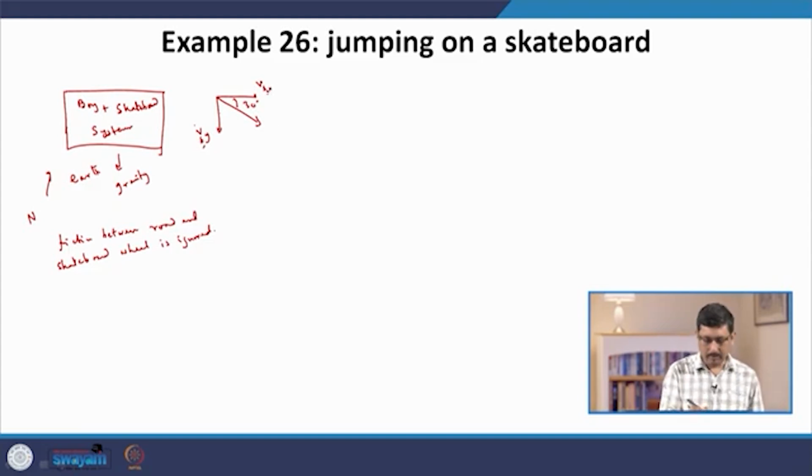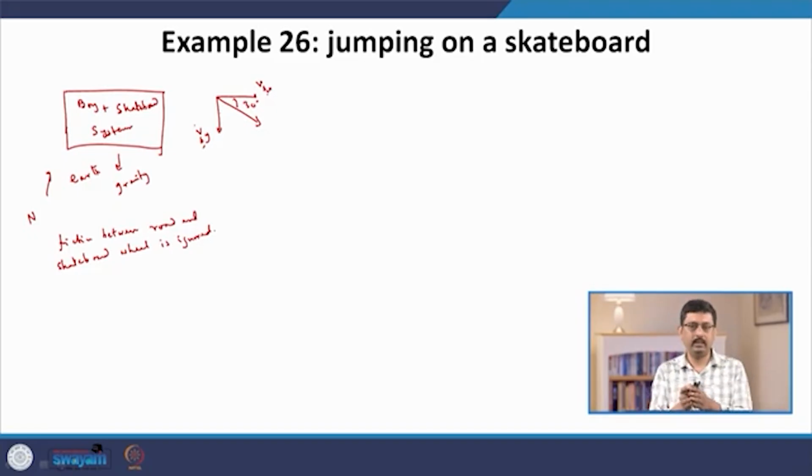Because of this, there is a downward momentum with which the boy hits the skateboard, and after the impact, the boy and the skateboard move horizontally towards the right.